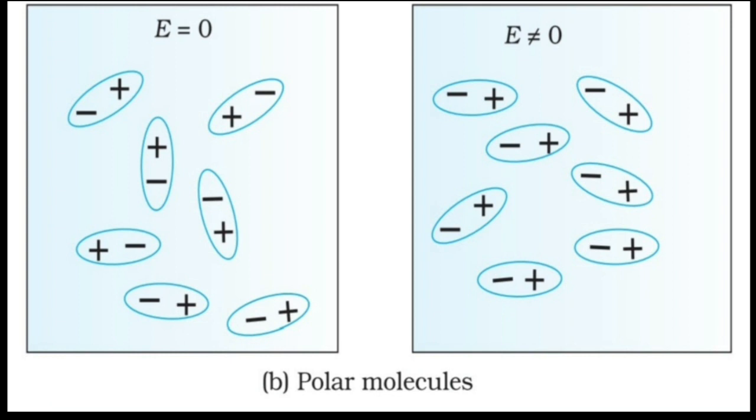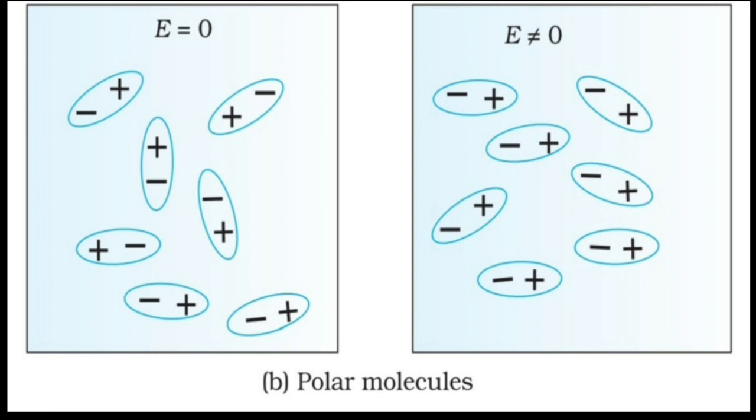These individual dipole moments will be directed randomly in the absence of an external field. That means they will be oriented in random directions. Hence, when you find the vector sum of all the individual dipole moments, you will get it to be 0.